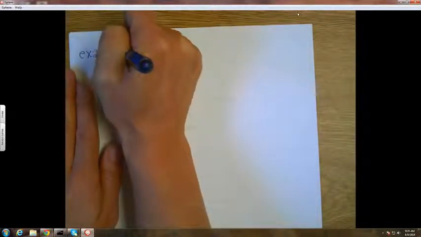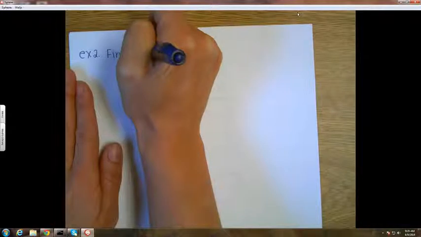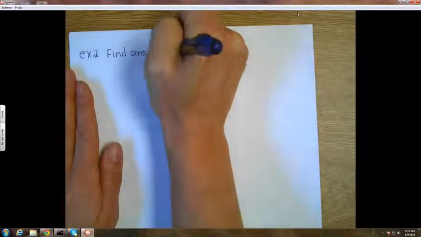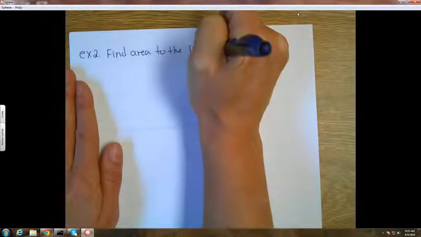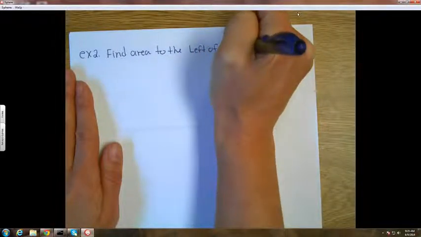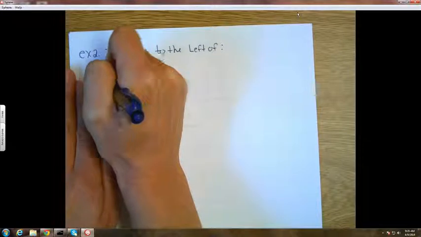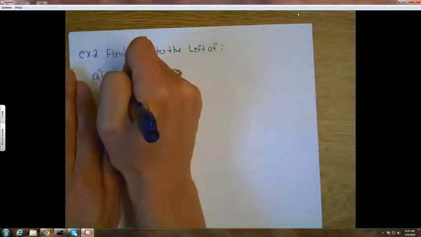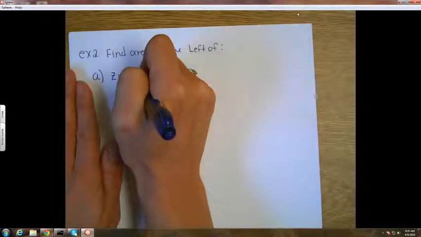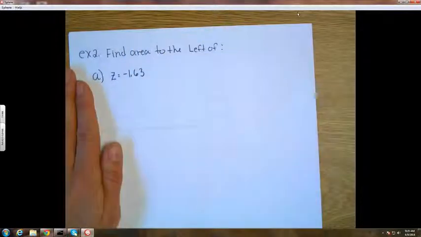Okay, here we go. Let's go example 2. Find the area to the left of each of these z-scores. Negative 1.63.